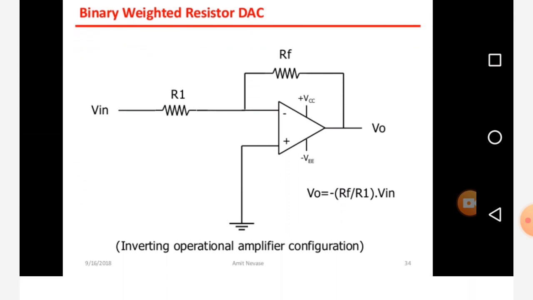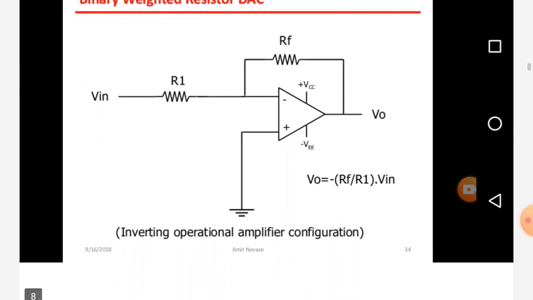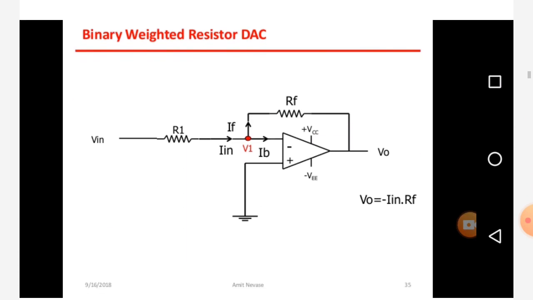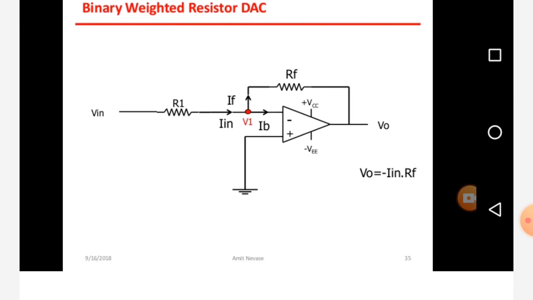Next, inverting amplifier configuration. R1 is connected to the inverting terminal and feedback resistor RF, so V0 is equal to RF upon R1 into Vin. Here V0 is equal to minus Iin into RF.